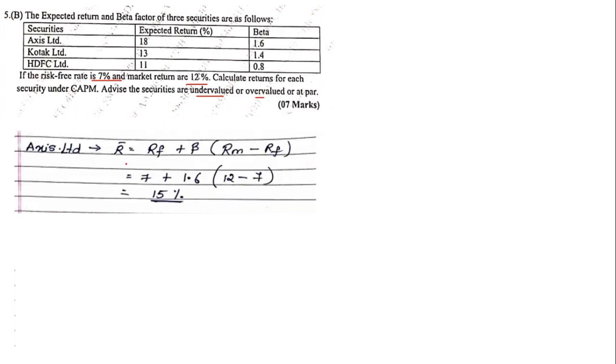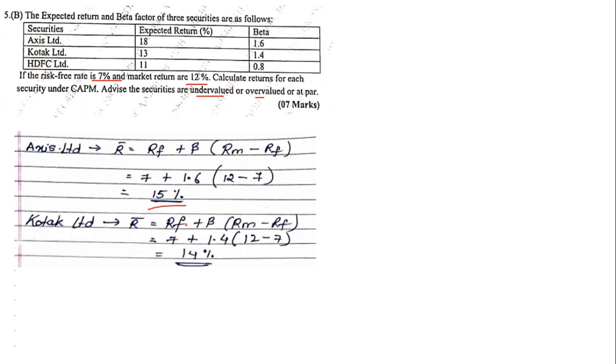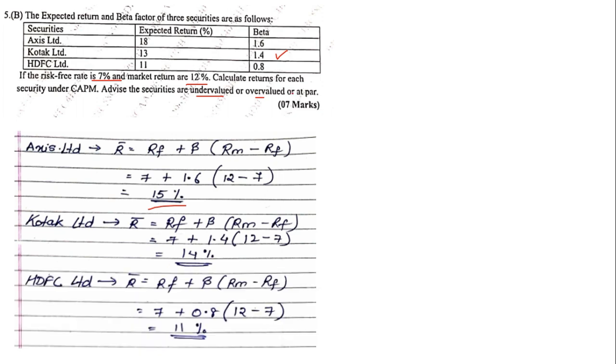So first, for Axis, the return formula: risk-free return 7 plus beta 1.6, into RM 12 minus risk-free 7, so 12 minus 7 into 1.6, whatever answer, plus 7, came to 15%. For Kotak, same, 12 minus 7 into 1.4, plus 7, came to 14%. And for HDFC, it was 12 minus 7 into 0.8 plus 7, came to 11%.